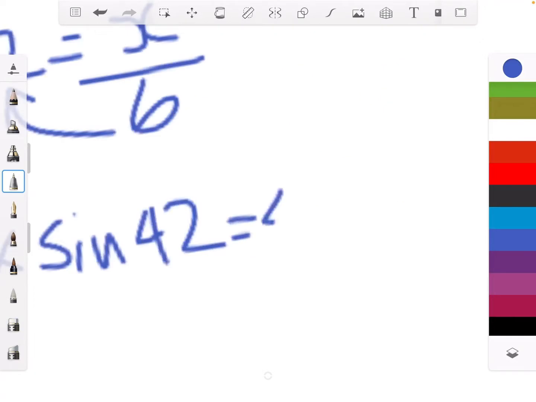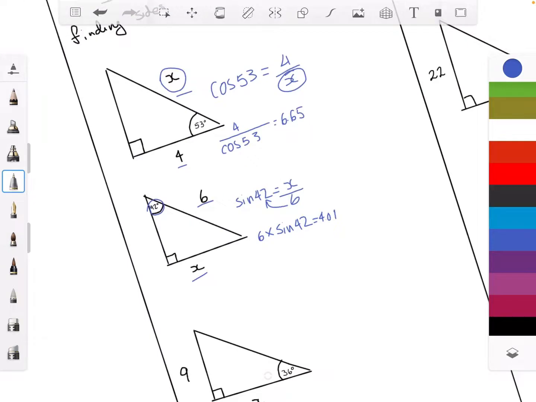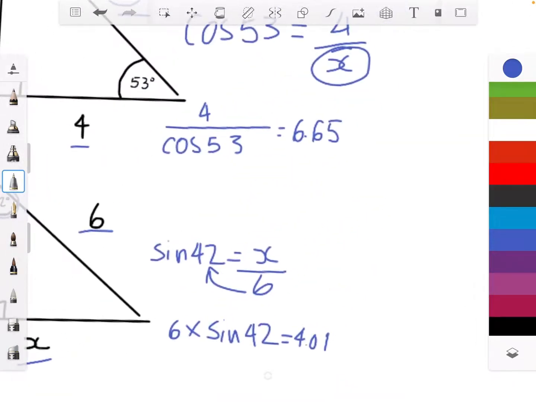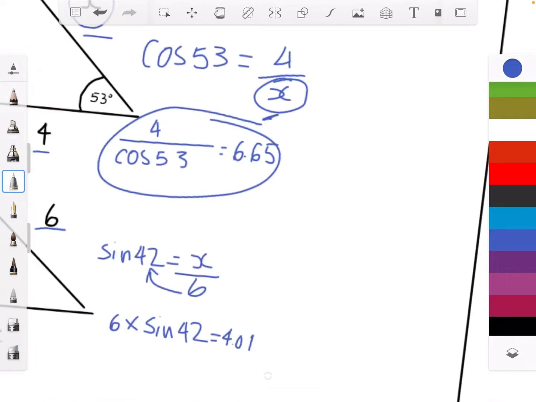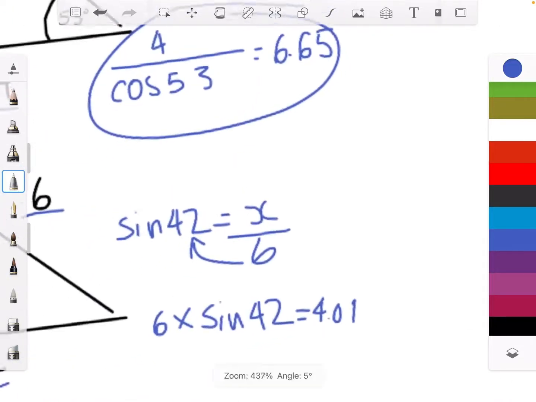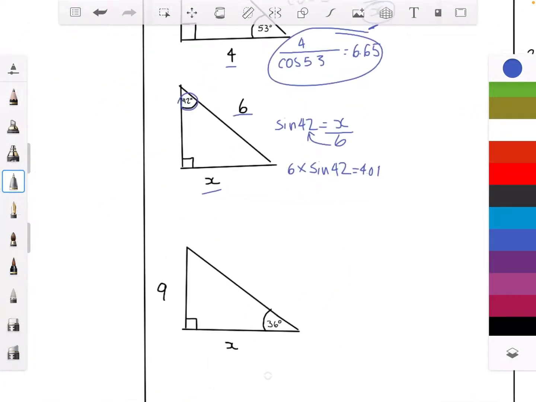This gives you 4.01. So you always have to remember, if x is the denominator, you have to divide. If x is the numerator, you have to multiply. Get it? Okay.